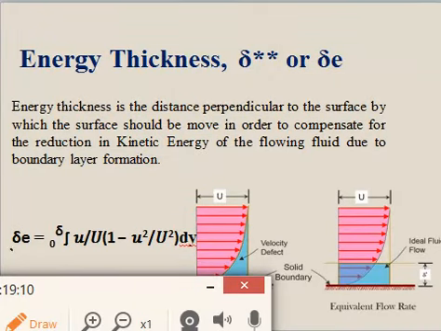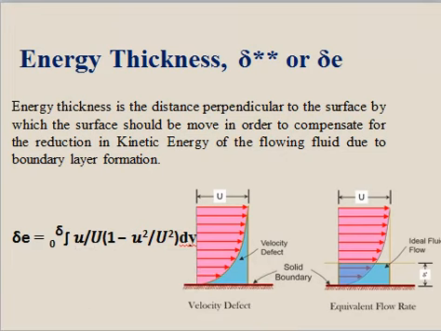So del E is the integration 0 to del of small u by capital U into (1 minus (small u by capital U) whole square) into dy. So here the concept is the same if you have understood the last two definitions. Due to the presence of the boundary layer, there will be a velocity deficit.